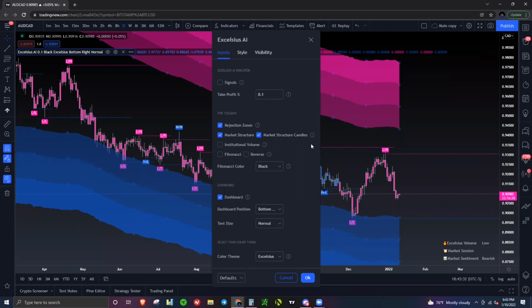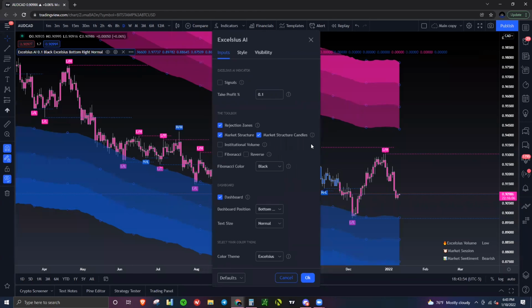And so with that, that concludes today's live. We took a look at simply 2 tools and simple 2 applications that you can apply when utilizing Excelsius.